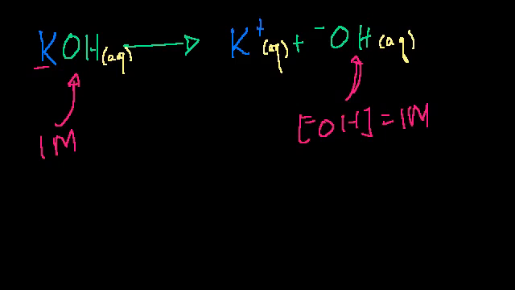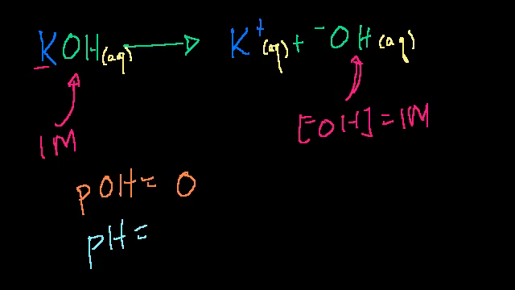So what is your pOH? pOH is just the negative log of this. The log of 1 is 0. The negative of 0 is 0. And then your pH in this circumstance, well, you could say it was the hydrogen concentration. You don't know what the hydrogen concentration is, but you know that when you throw a bunch of this stuff in, it's going to sop up a bunch of hydrogen.